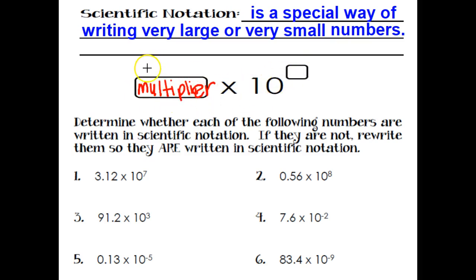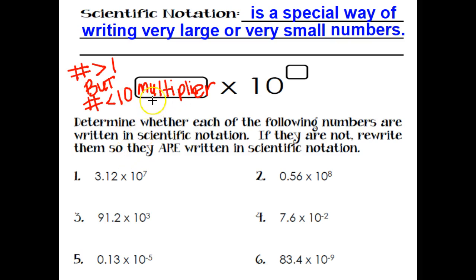The number in front, which is the multiplier, is going to be greater than 1 but less than 10. Okay? The number is going to be greater than 1, but less than 10.